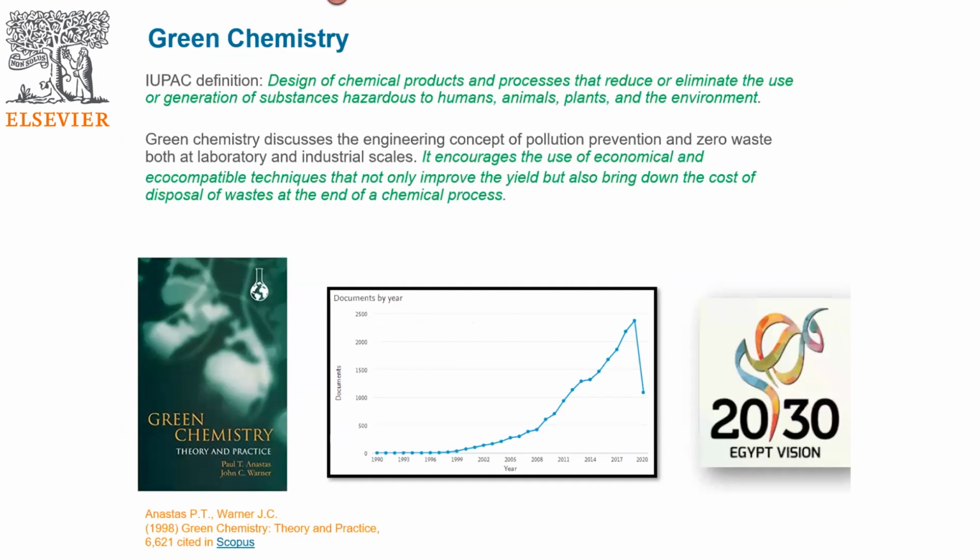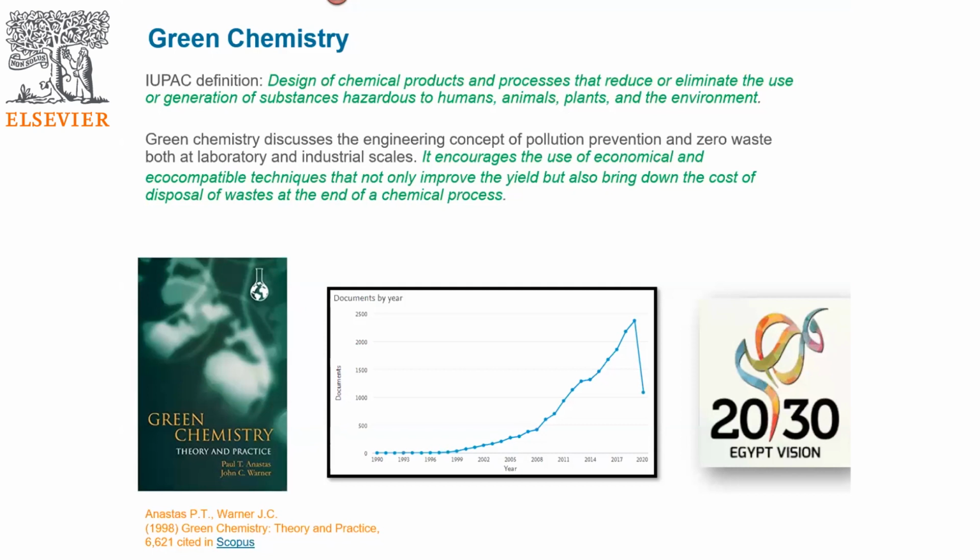When people discuss green chemistry and the engineering concept of pollution prevention and zero waste, they mean both laboratory and industry scales. And green chemistry encourages the use of both economical and eco-compatible techniques, it's very important, that not only improve the yield, but also bring down the cost of disposal of waste at the end of the chemical process.